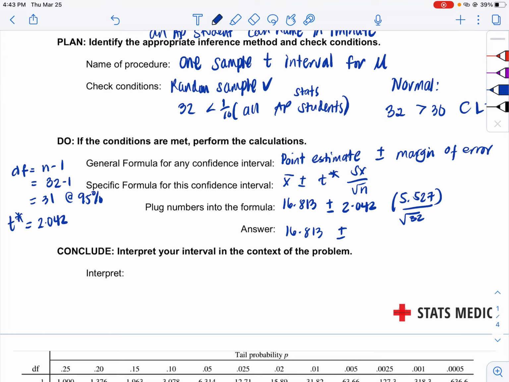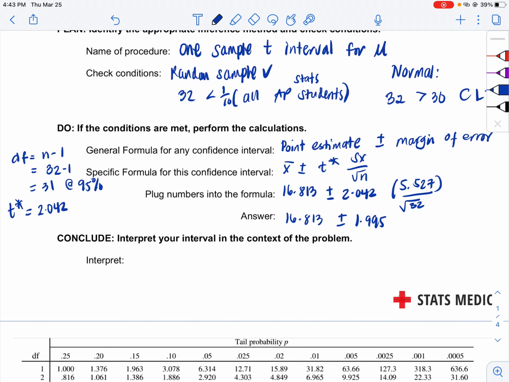Can you guys check it on your own calculator? So I will do 16.813 plus and minus 1.995. Again, verify with your calculator: 14.818 to 18.808.